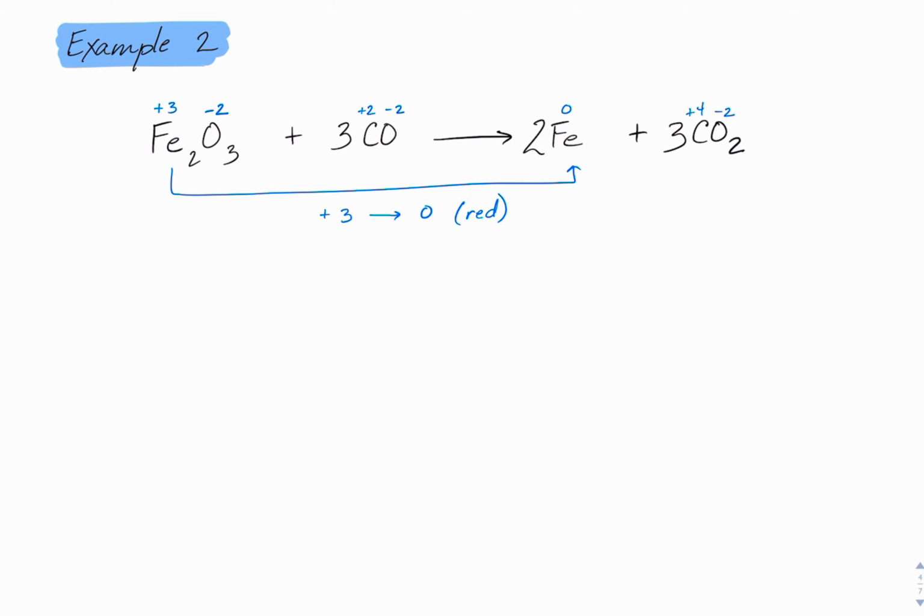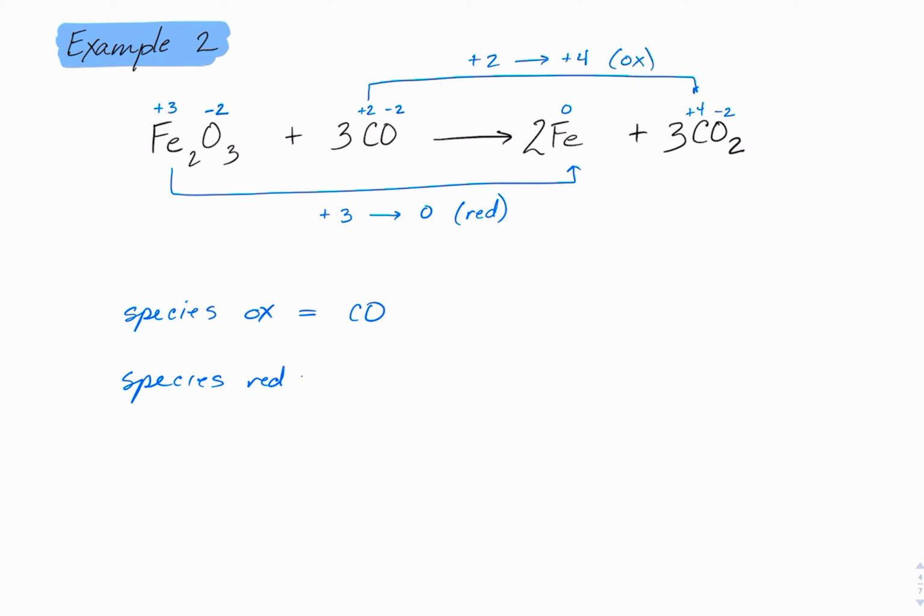And then it looks like we have carbon is +2 to +4. So that looks like that's gone up in number. We call that oxidized. So the species that is oxidized is CO. The species that is reduced is Fe2O3.